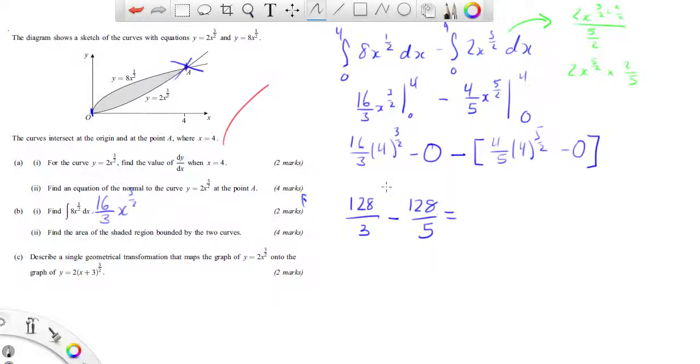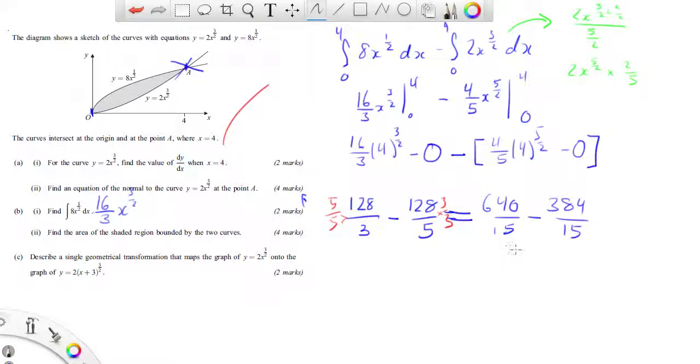Any year 9 student will tell you we cannot subtract these fractions unless we have a common denominator. So that common denominator is going to be 15. So we're going to multiply this by 5 over 5 and this by 3 over 3. So 128 times 5, that's going to be 640 over 15, minus 128 times 3, which is 384 over 15.